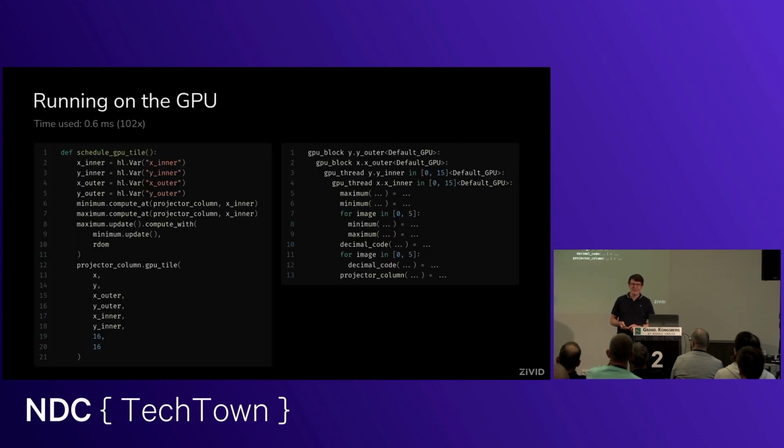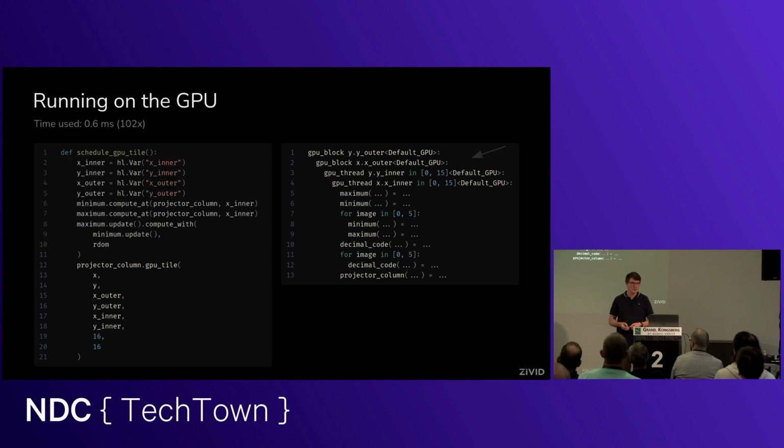And finally, the thing that we're actually doing in Zivid, since we want to run on the GPUs and use OpenCL or CUDA or other GPU frameworks, is that we can tell Halide to use a GPU tiling technique instead.